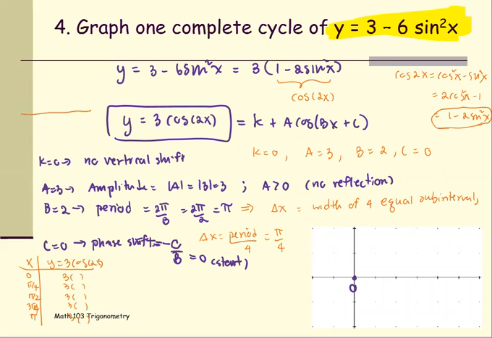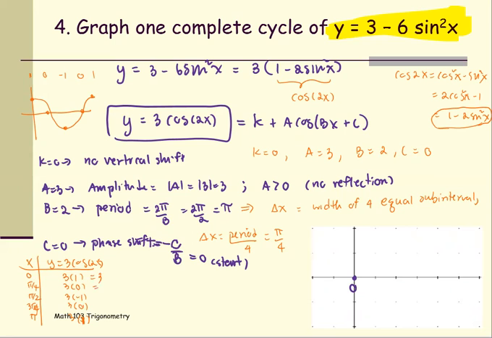The typical cosine graph starts at the maximum, intercept, minimum, intercept, and back to maximum. The maximum for a typical cosine graph would be 1, and then 0, negative 1, 0, and back to 1. Therefore, the values that we put in the parentheses here would be 1, 0, negative 1, 0, and then positive 1.